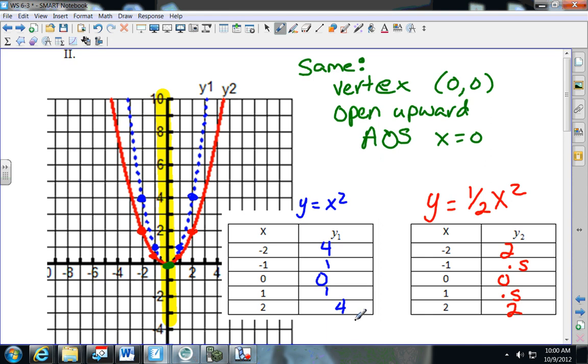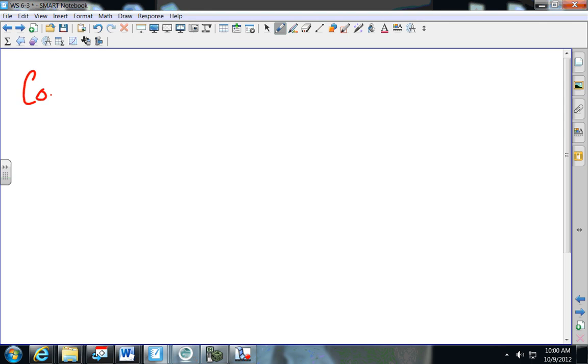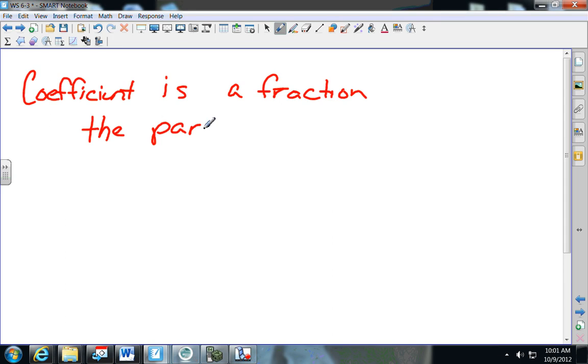So when I multiplied on the last one by a whole number, what happened to it? When you multiplied by a number bigger than 1, it got skinnier, right? This is a fraction. What happened to this one? It gets wider. Here's how I look at it. If your coefficient is a fraction, the parabola gets fatter.